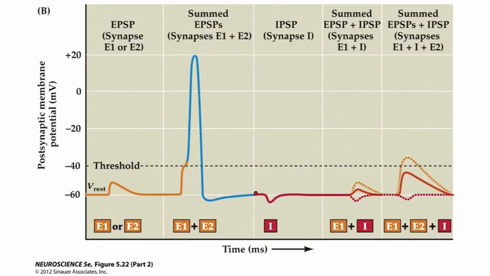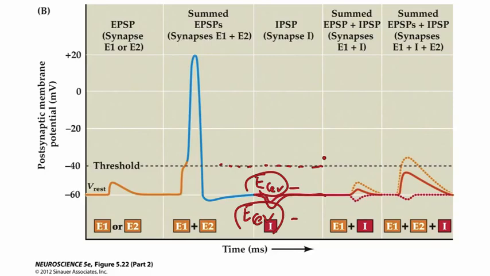When we activate input I, the inhibitory input, we see a small inhibitory postsynaptic potential. And again, it didn't matter if it was hyperpolarizing or depolarizing, as long as the reversal potential of the active conductance was below threshold. It could be here, or it could have been here, but as long as it's below the threshold, then it will be an inhibitory postsynaptic potential.